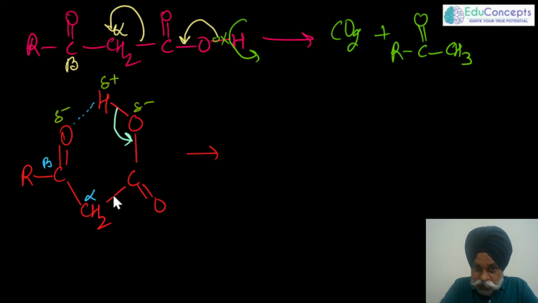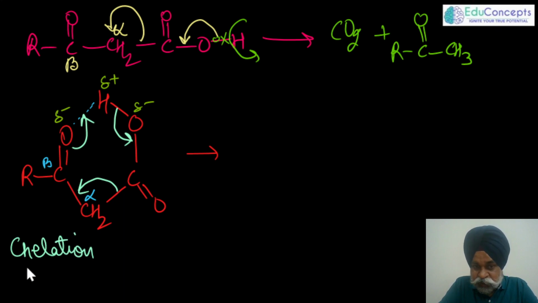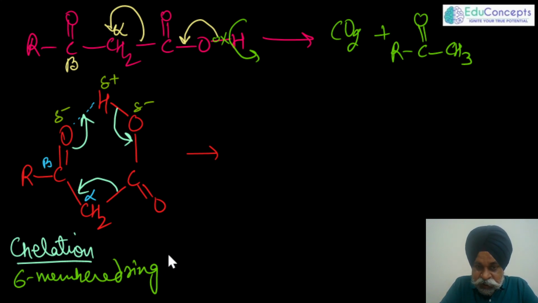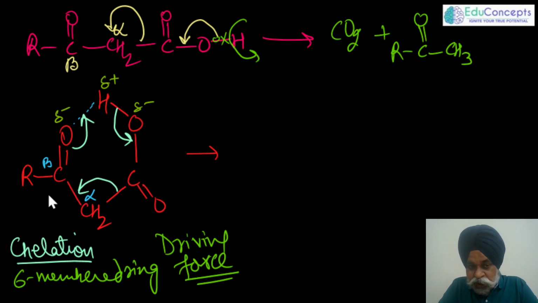This bond goes here, this goes here, and this goes here. As a consequence, this is what you also refer to as a type of chelation. What is chelation? Where a 5 or 6 membered ring is formed. In this particular case a 6 membered ring is generated, and that is the driving force for this decarboxylation.